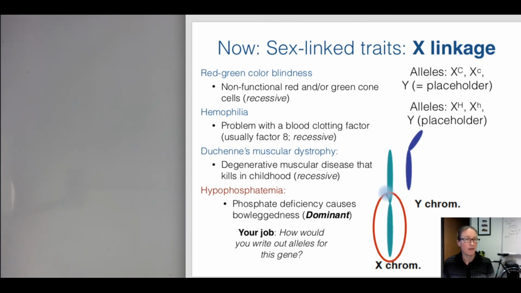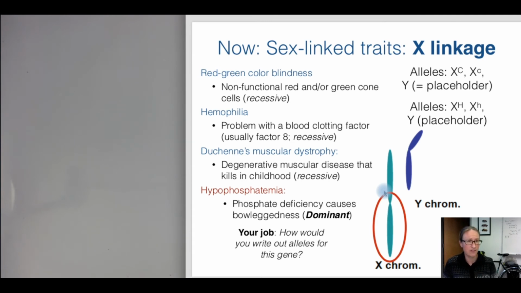So here are examples of some sex-linked traits. One of them is red-green color blindness, where you may not have functional red or green cone cells in your retina. Another is hemophilia, where individuals have a problem with a particular type of blood clotting factor, so they often require blood transfusions so that they don't bleed to death.